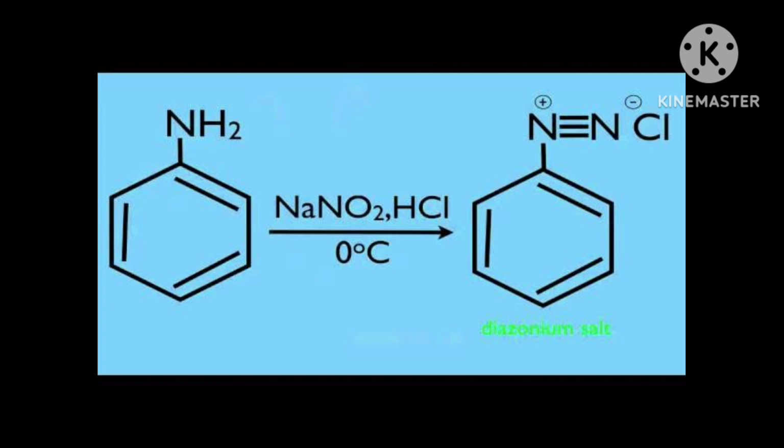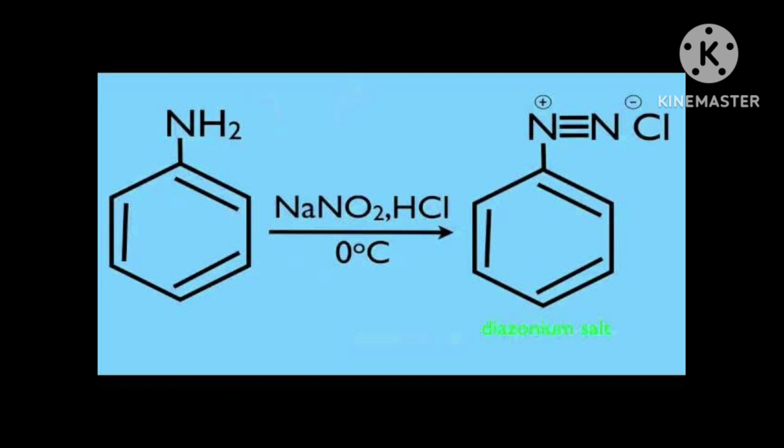Second chemical reaction of diazonium salt: replacement by iodide ion. Now see, I have discussed chloride and bromide. Now iodide ion you understand separately. Replacement by iodide ion.